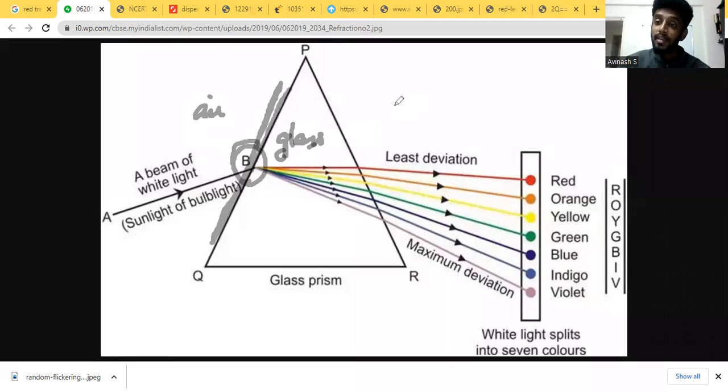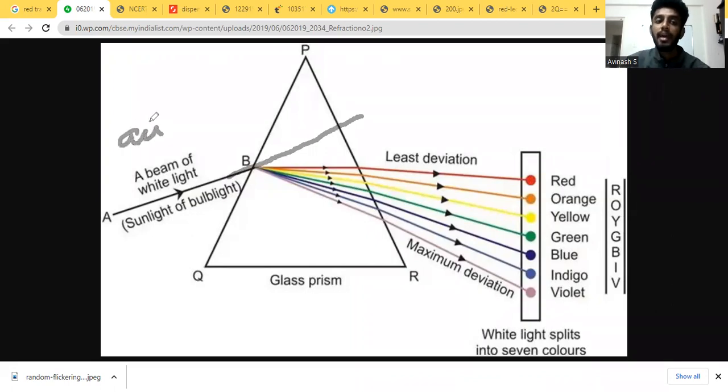What we call refraction here is the bending of white light. White light is no more going in the same straight line. Since there is a change in media, it will bend. How it bends depends on the type of medium it is traveling from and the type of medium it is getting into. As we all know, air is the rarer medium and glass is the denser medium.